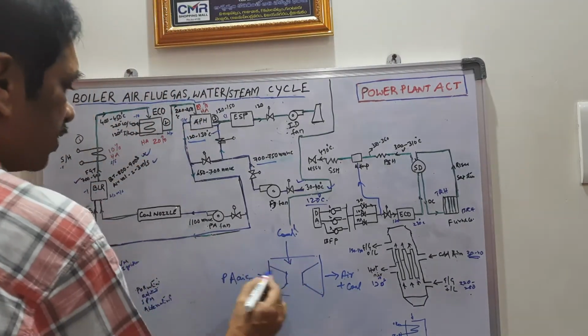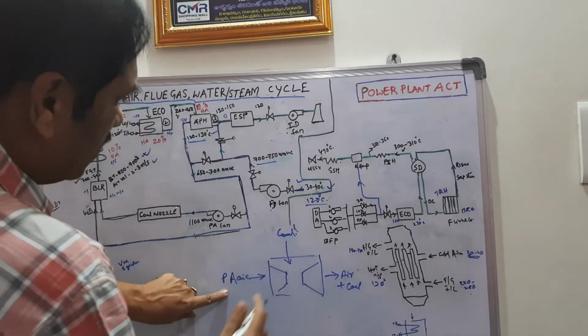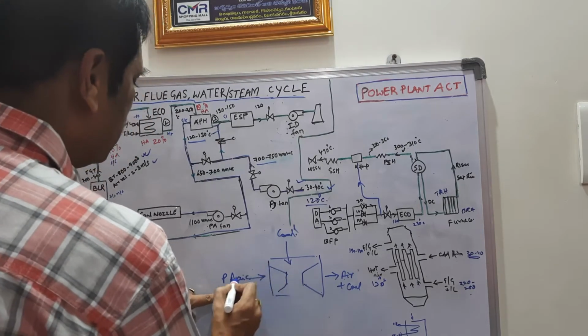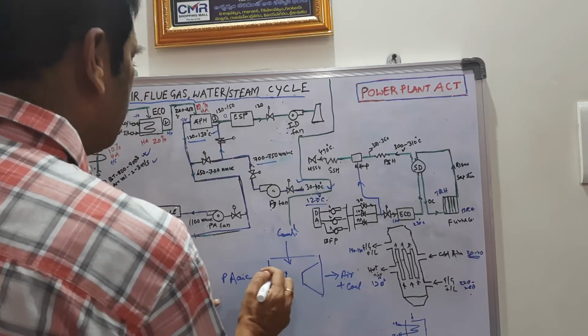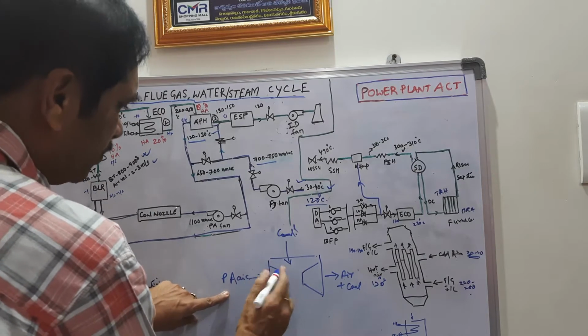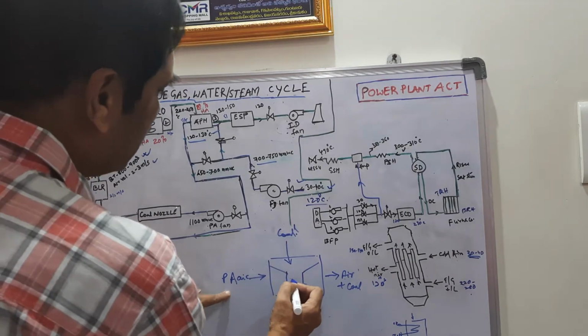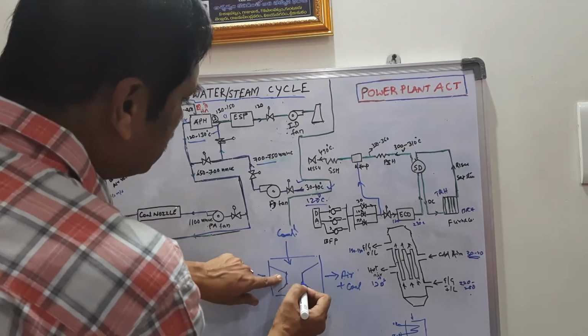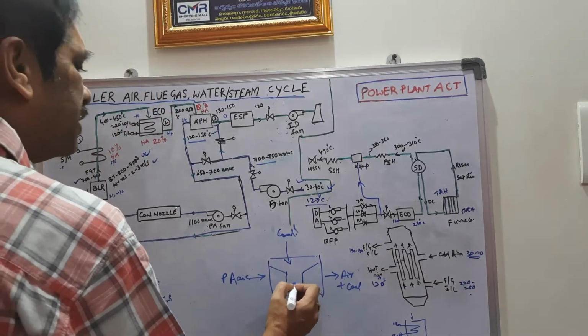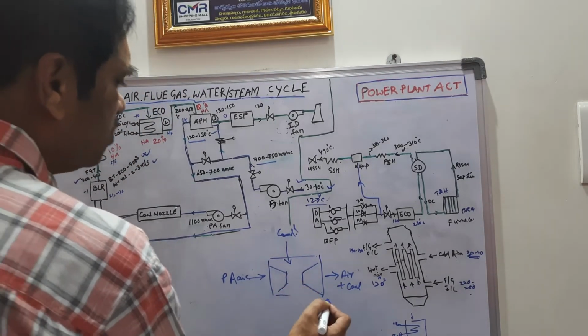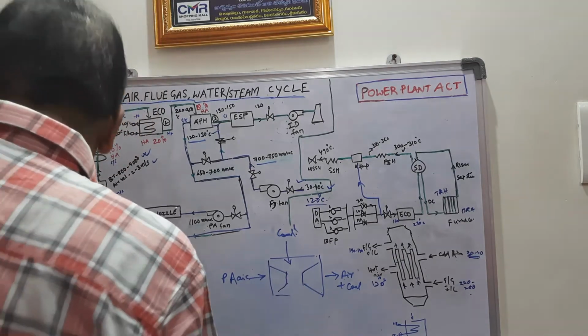In the convergent zone, the pressure is reduced and velocity is increased. In the divergent zone, the pressure is increased and velocity is reduced. This is the principle applied in the coal nozzle.